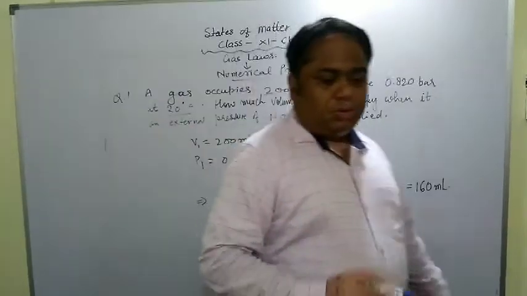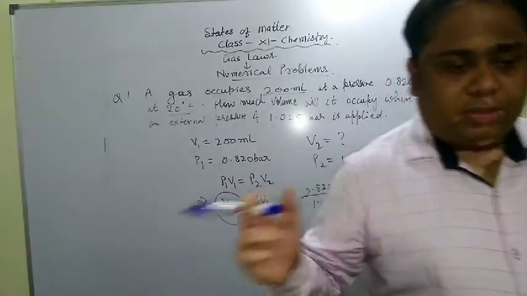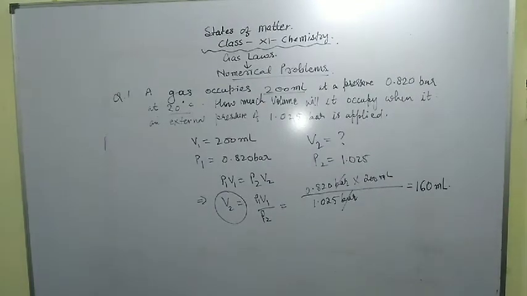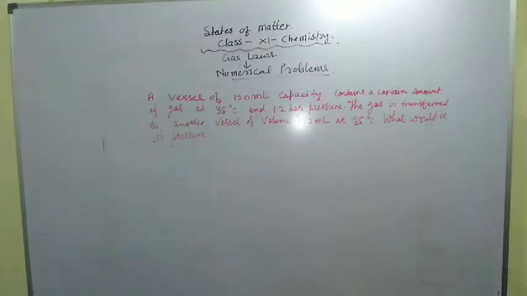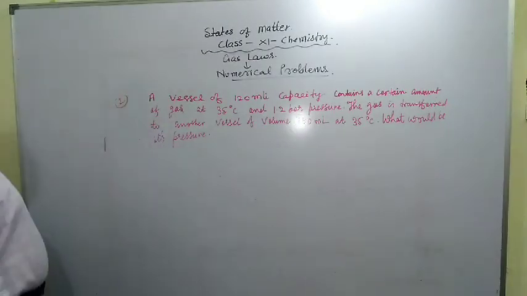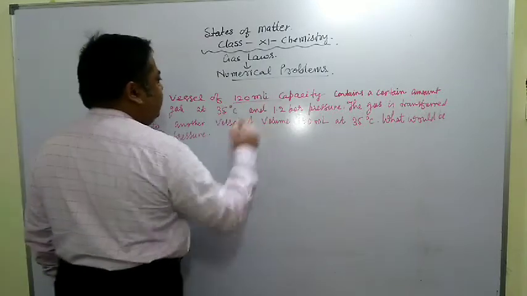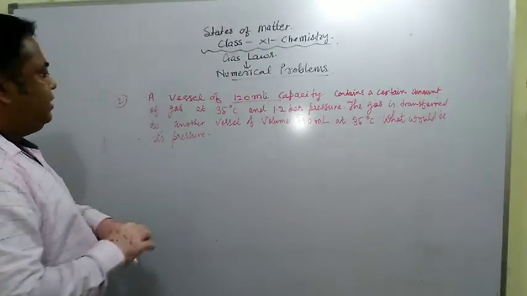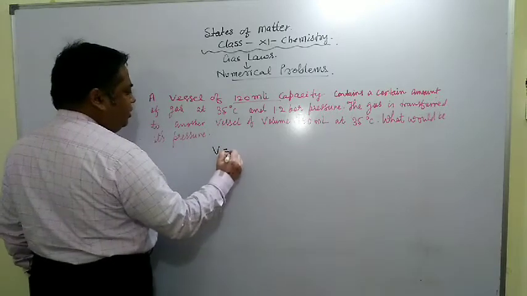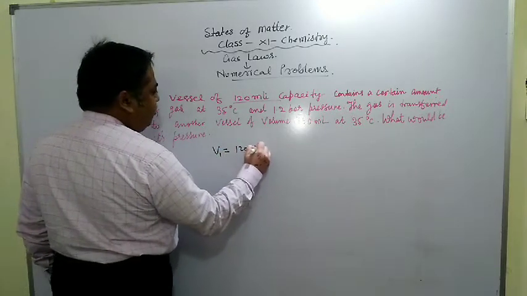Alright. So now we will be doing the next question. A vessel of 120 ml capacity contains a certain amount of gas. So V1 is given. V1 is equal to 120 ml.